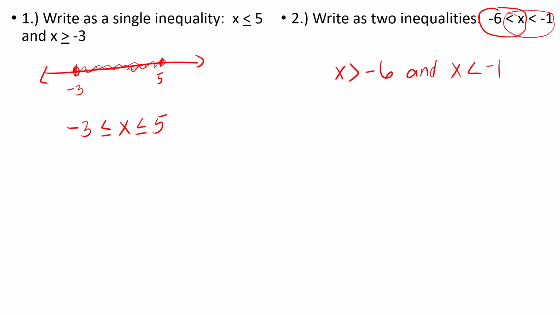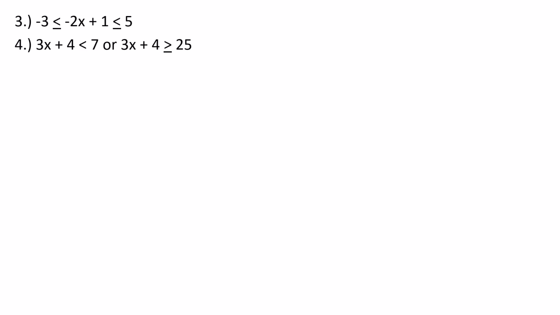And you would want to conjoin those with the word and, okay? X must meet both of those requirements, not one or the other, which would be the entire number line, but both of them.